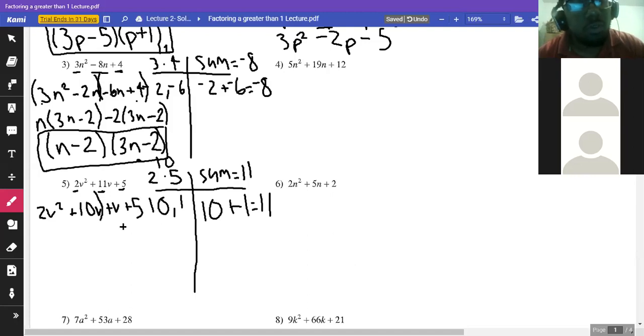All right, then I'm going to group my first two terms together and my second two terms together. Does anyone know what I can pull out of 2b squared and 10b? What can I pull out of 2 and 10?